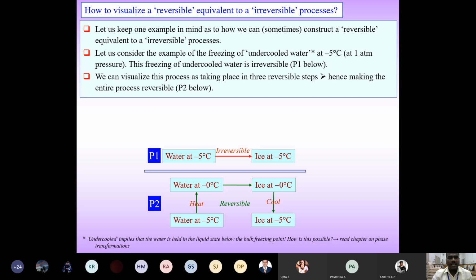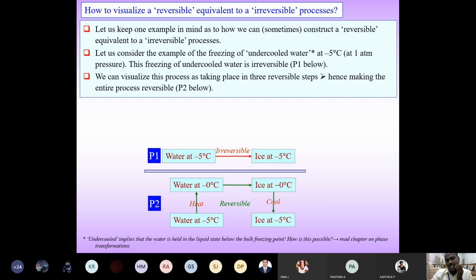This is another visualization of a reversible equivalent to an irreversible process. Let us keep one example in mind as to how we can construct a reversible equivalent to an irreversible process. Let us consider the example of the freezing of undercooled water. Undercooled implies that the water is held in the liquid state below the bulk freezing point.